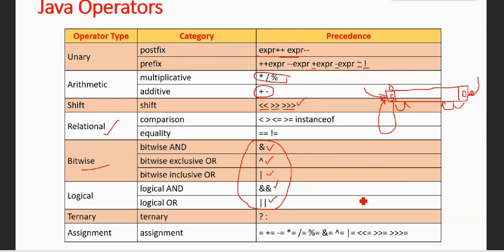Say for example, I'll write A as an integer data type. I want to perform A and B. So what happens when I write A equal to A and B?